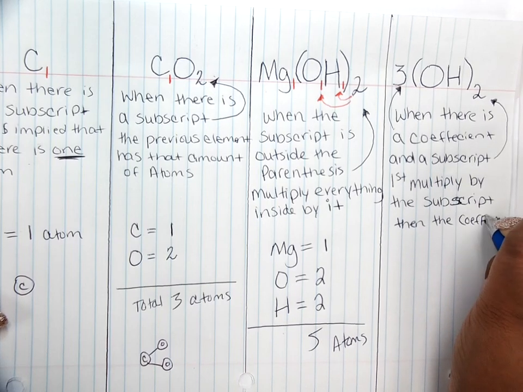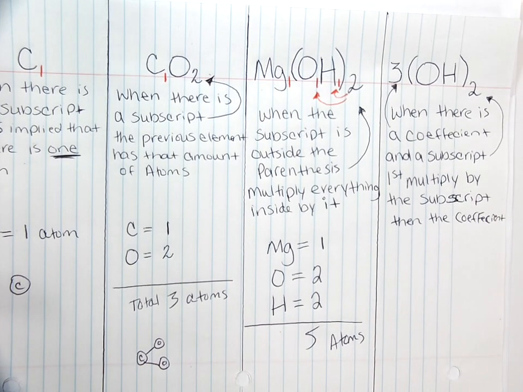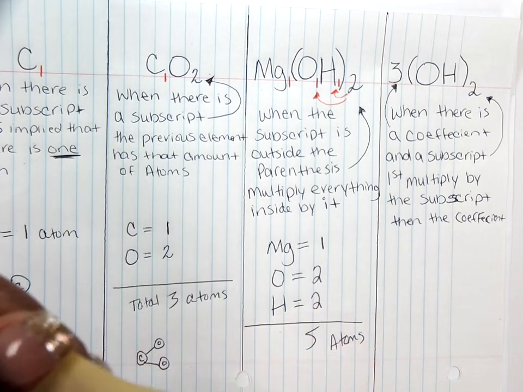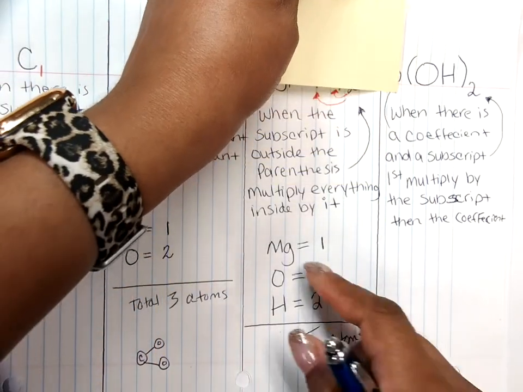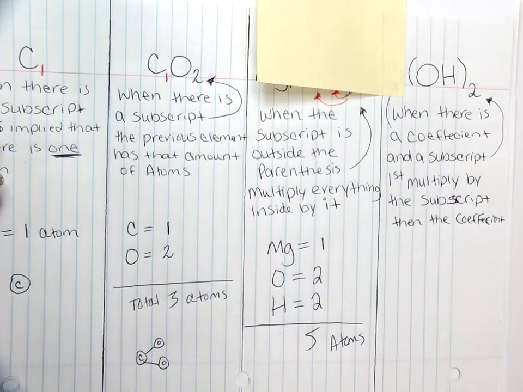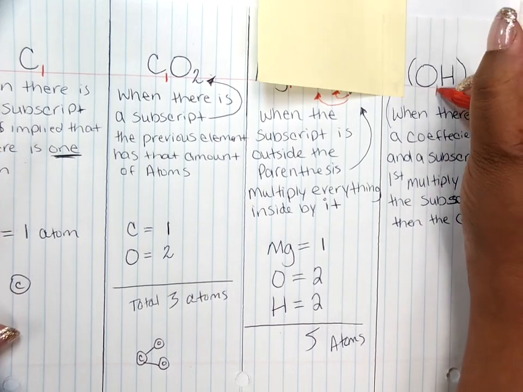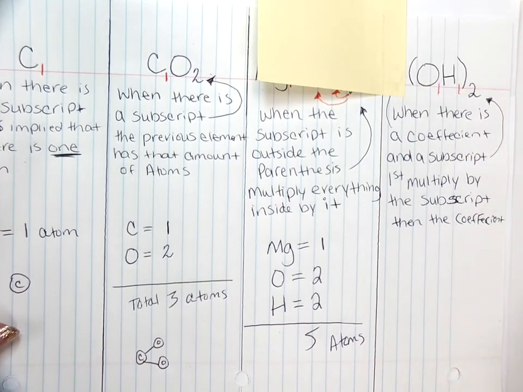Sorry about this weird looking handwriting. So you multiply the subscript first, then the coefficient. What I like to do is actually cover the coefficient, because we don't need it yet. So you cover the coefficient and do this like normal. You have your invisible 1, invisible 1.